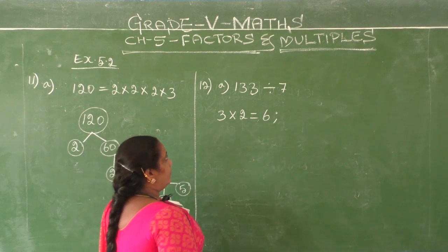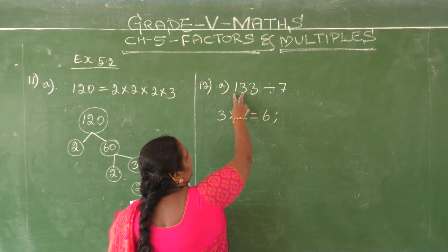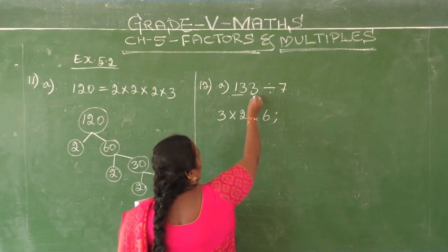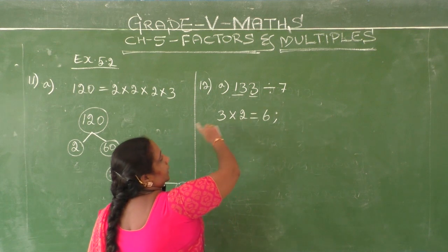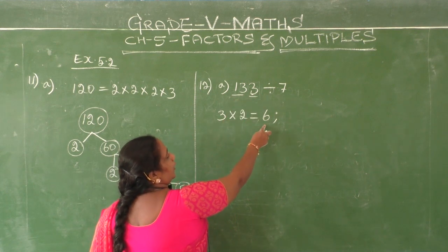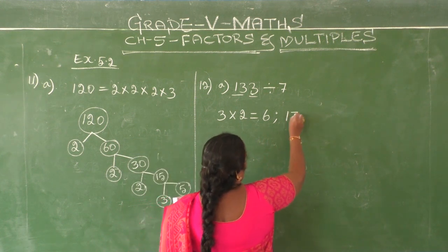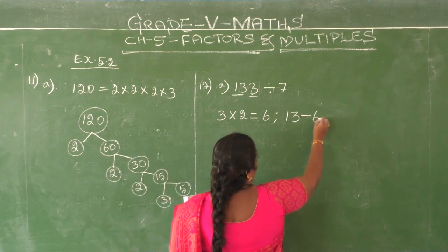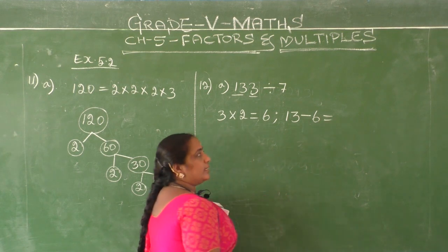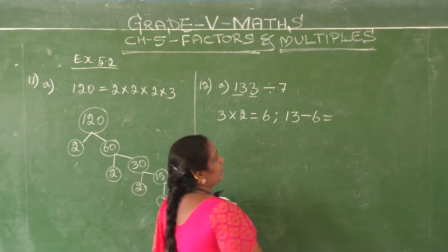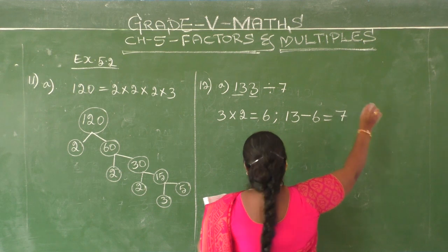Then we have to find the difference with the rest of the number. First split the number into 2 parts, the ones place and the remaining part. From this part I am going to subtract the doubled ones place number. So 13 minus 6 is 7.